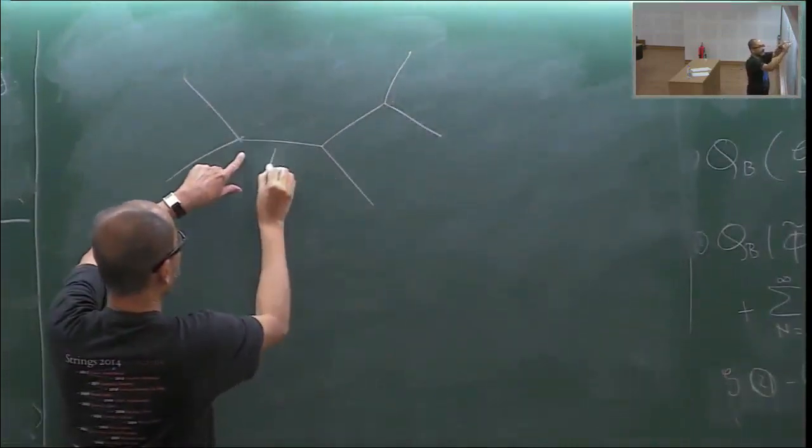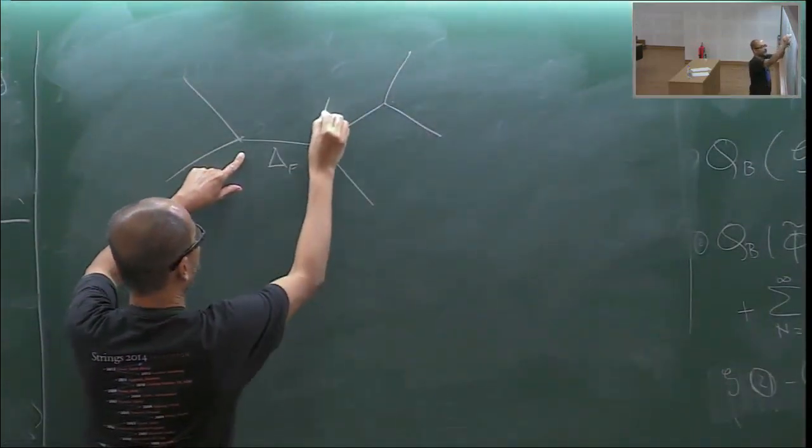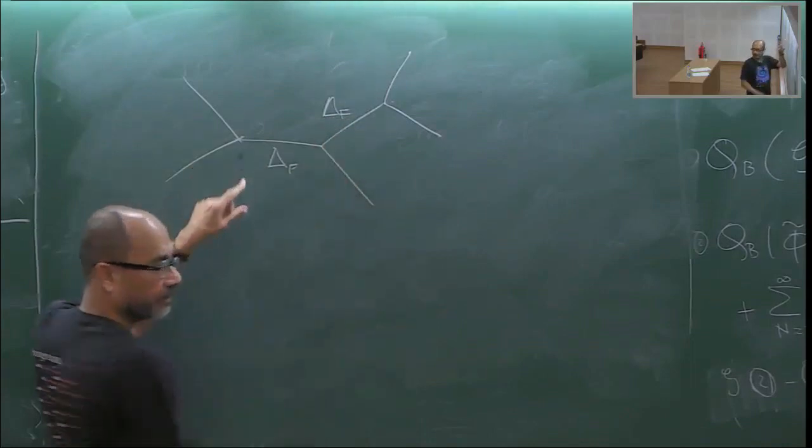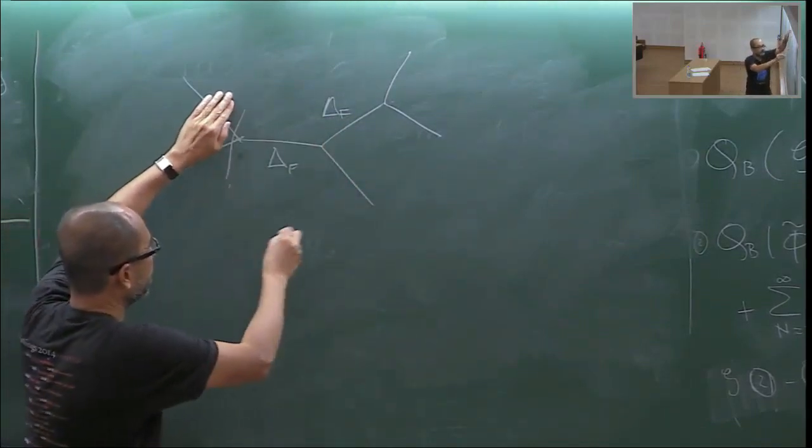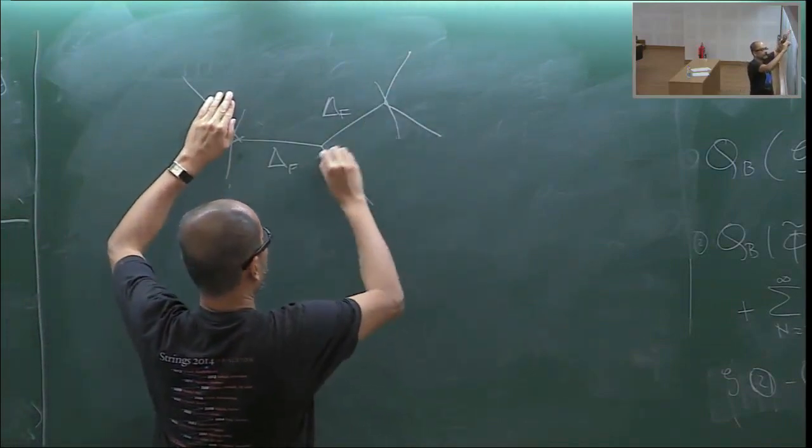Okay? Where these are delta F. Okay, the phi propagator, and these are not there. You cut out all the external legs.